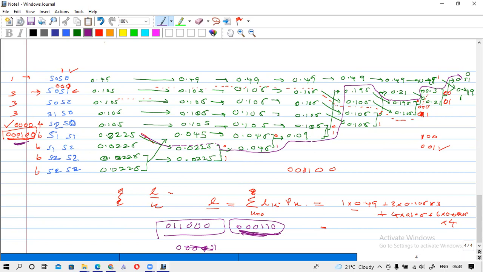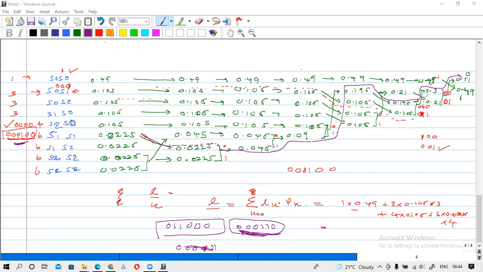So it will be 0 1 1, again 0, and here it is 0, and here it is 0. So 0, 1, 1, 0, 0, 0, but we have to read it through this side, no? So we will have 0, 0, 0, 1, 1, 0, correct?